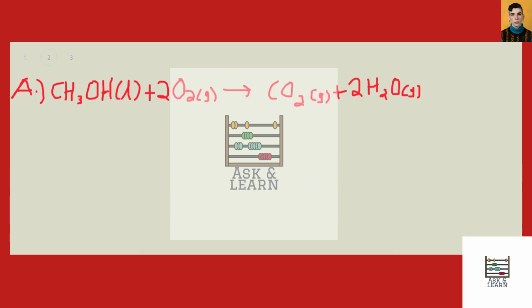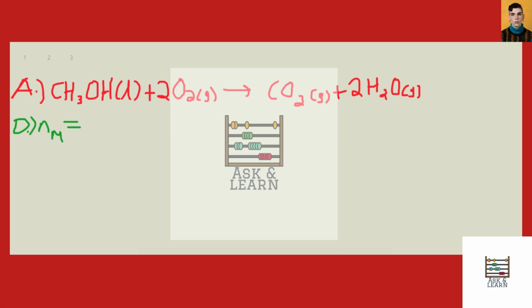Now we're going to do part D. They want us to calculate the mass of CO2 produced per kilojoule of heat emitted. In our balanced equation, we have 1 mole of methanol and 1 mole of CO2.